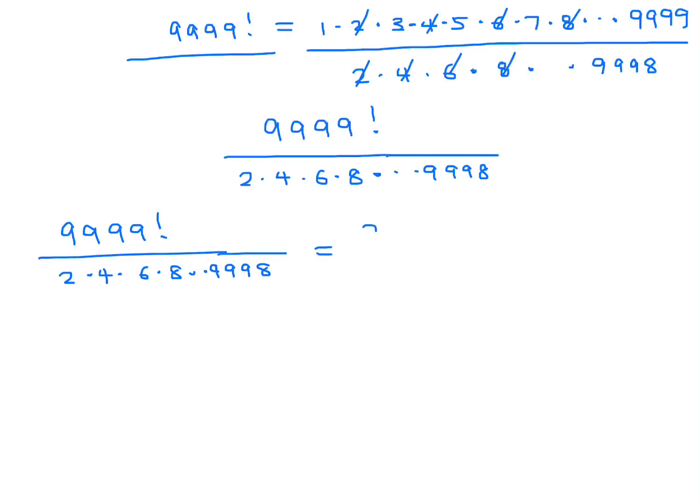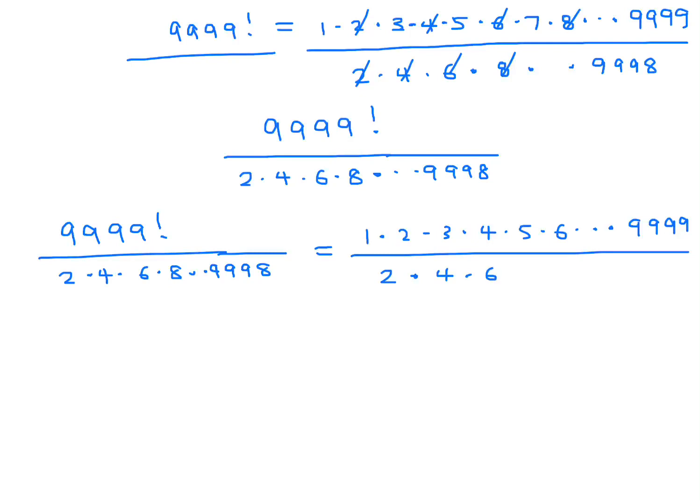So what does this equal? Basically, you've got 1 times 2 times 3 times 4 times 5 times 6, all the way up till 9999, and the bottom, of course, is 2 times 4 times 6, all the way up till 9998.